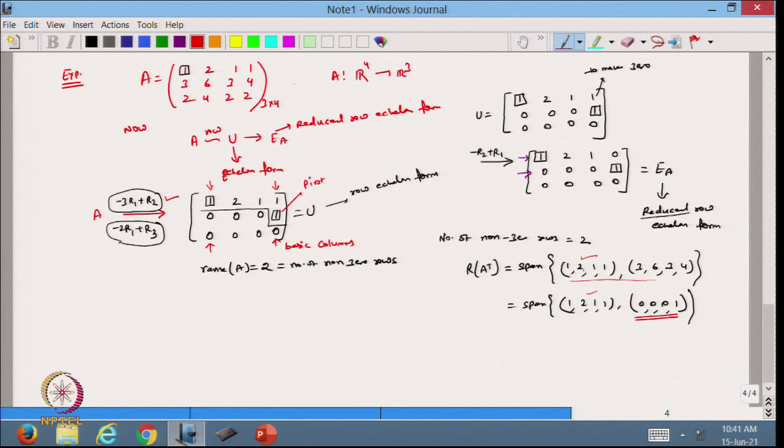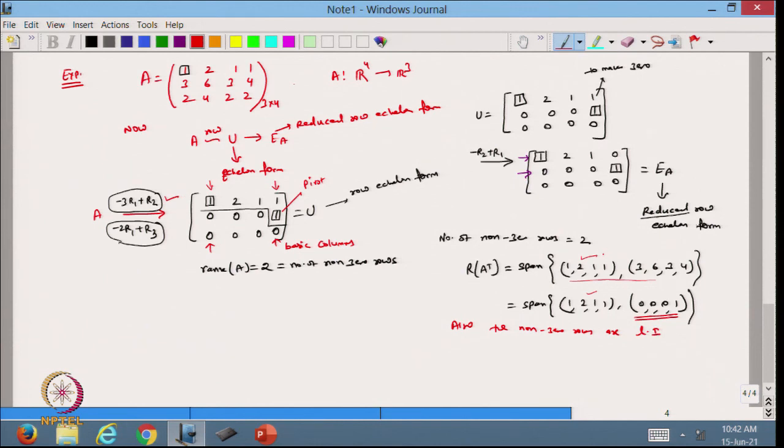So, basically the linear combination of these also contains this vector, and also from here, the non-zero rows are linearly independent.